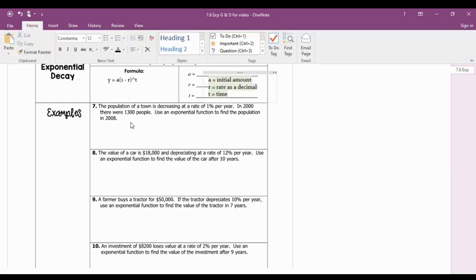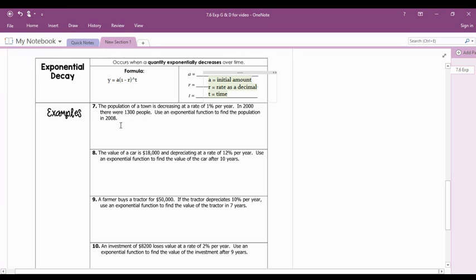There, okay. All right, we'll do a couple of these examples, and the first one is a population, and it says the population is decreasing. So decreasing, and the next one, depreciating. Those are the words you're going to look for for decay. Makes sense. Again, we are going to determine our initial amount.